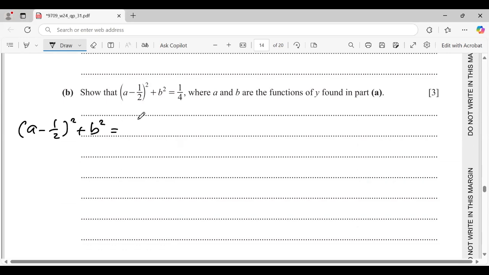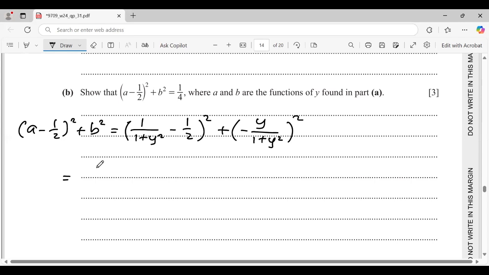Based on the previous information that a equals 1 over 1 plus y squared, minus 1/2 squared, plus b, which is minus y over 1 plus y squared, squared. I would like to expand this one.